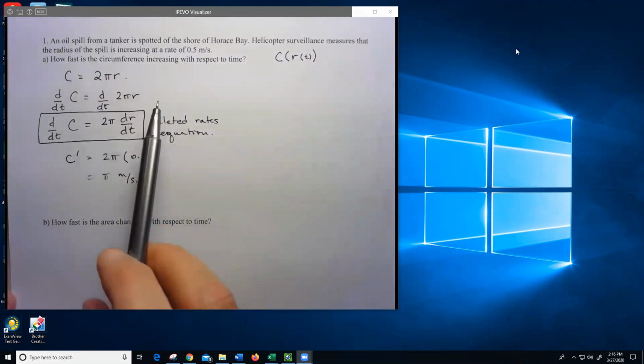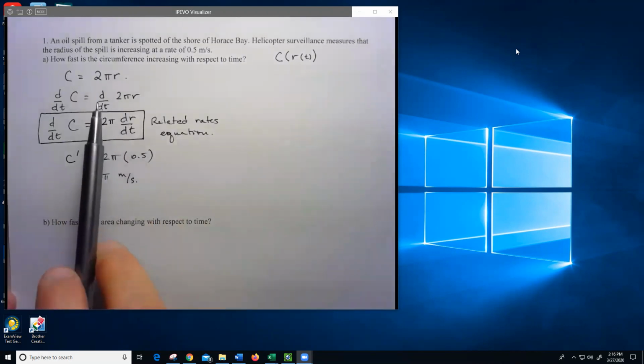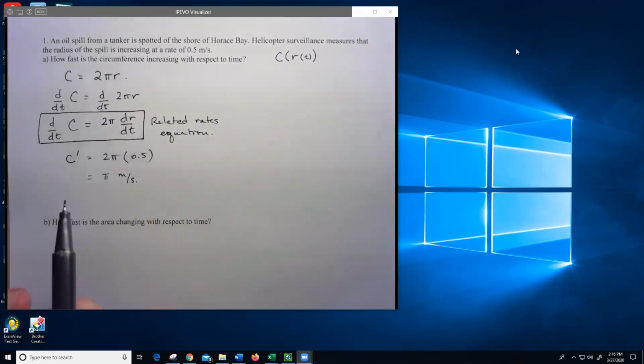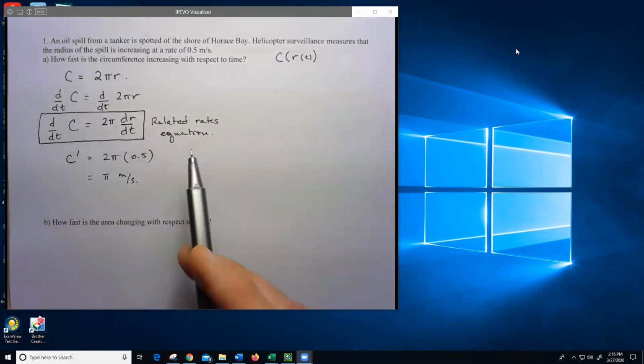So 100% you could have done that. I'm just offering an alternative way of solving this problem, kind of like we did with the circle yesterday: we could have done it via traditional methods, but it turned out using implicit differentiation was useful.